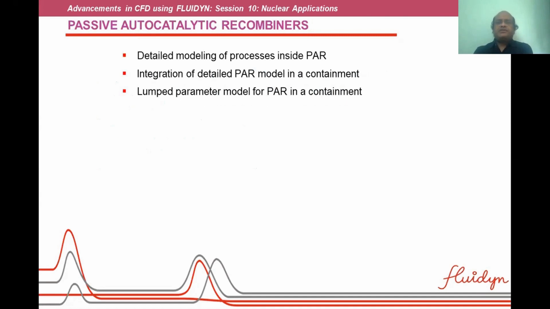One of the areas that we had worked on was a mitigation device called the passive photocatalytic recombiner. We will see details of this in a few minutes.